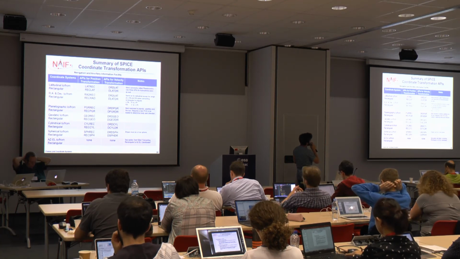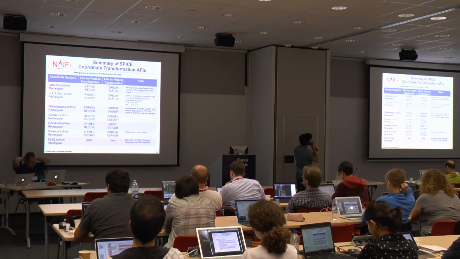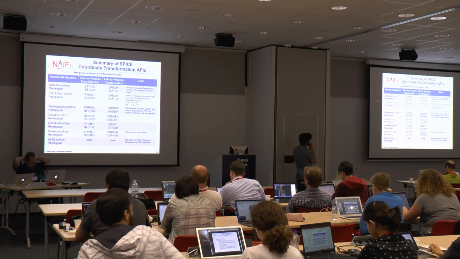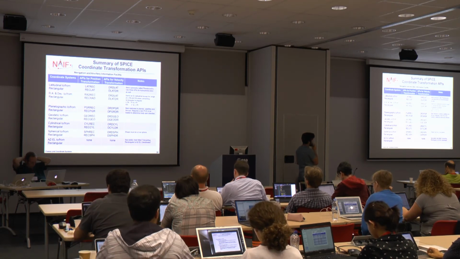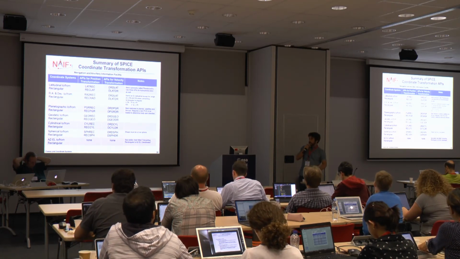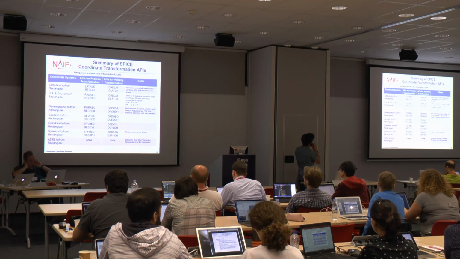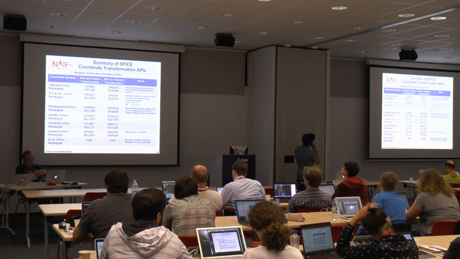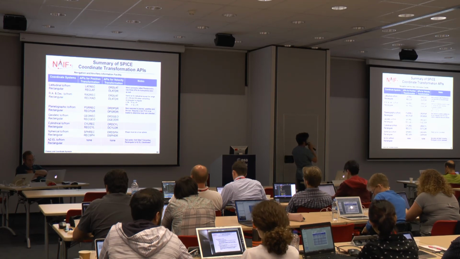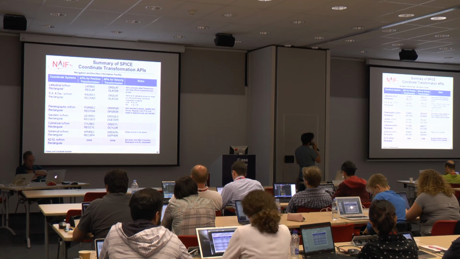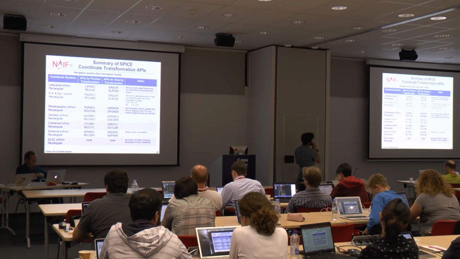And here's a summary of the coordinate transformation APIs that we can use. This might be one of those charts that, as Chuck suggested yesterday, you could have printed out next to your computer screen if you're really using this that much. So basically, you've got here APIs for position and for velocity transformation. Okay, and you've got latitudinal to and from rectangular.